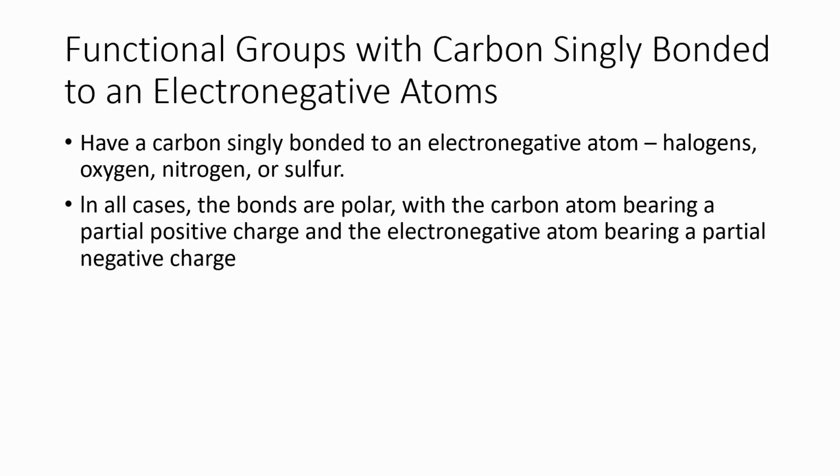In all cases, the bonds are polar, with the carbon atom bearing a partial positive charge and the electronegative atom bearing a partial negative charge. So take for example, you have C, X, in which X is an electronegative atom. Carbon will carry a partial positive charge, and the electronegative atom will have a partial negative charge.